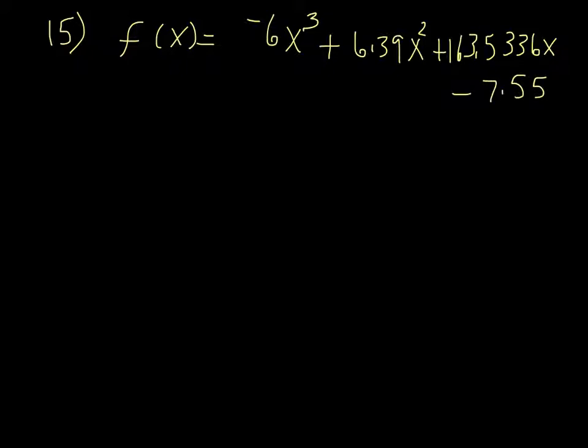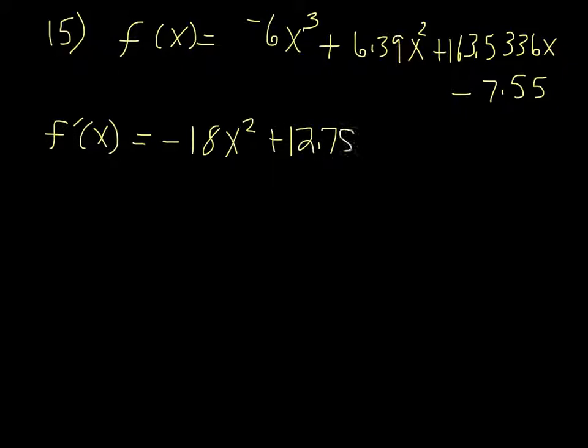We want to know where it's increasing, decreasing, and where it has a local max. So start with the derivative, which is negative 18x squared, and then 2 times 6.39 is 12.78x, and then plus the 163.5336. And the negative 7.55, the derivative of that is just 0.